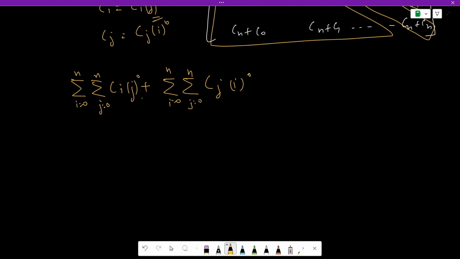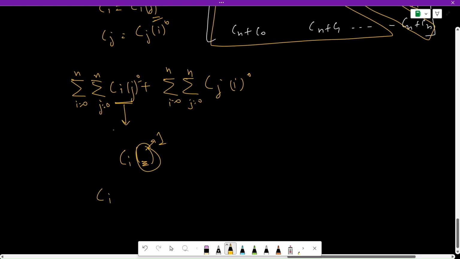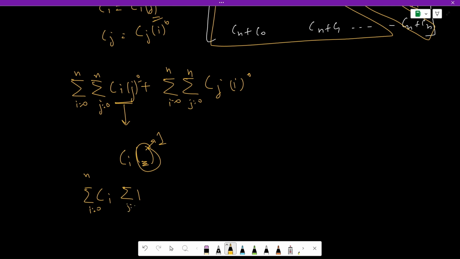Now, when we put all the combinations of i and j in this, at the end this is power 0, so any value of j will reduce to 1. So this is ci, and any combination will lead to 1 only. So basically we are just putting in all the values, and what we get is ci summation i equal to 0 to n, and summation of 1, j equal to 0 to n.